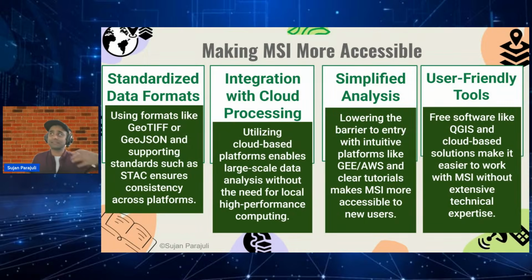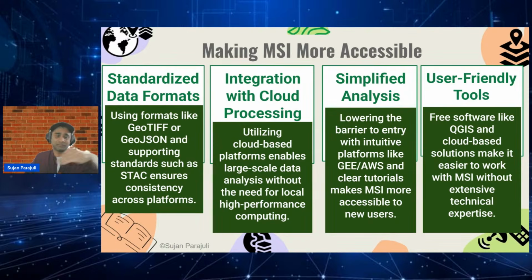And how do we make MSI more accessible? One thing is we have to work on standardized data formats. Before, we used to store imagery in TIFF format, but then we have to do geometric correction, the georeferencing. So GeoTIFF is the georeferenced raster file, and also GeoJSON.